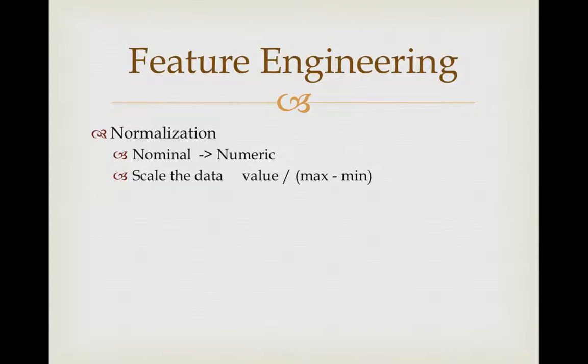So I have to turn the nominal features into numeric, and for more precision, also scale the data: use each value in the column, subtract the minimum value in the column, and divide by the max value minus the minimum.